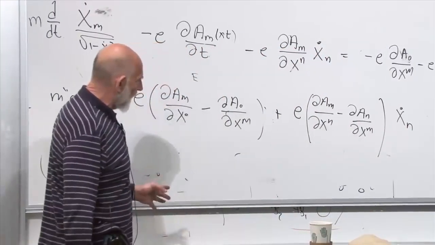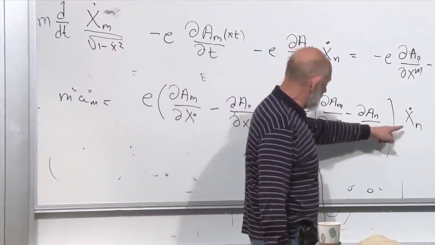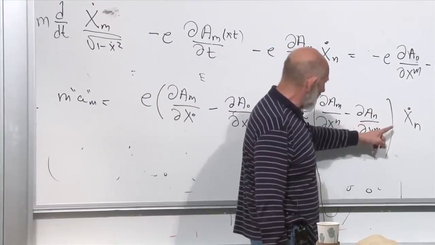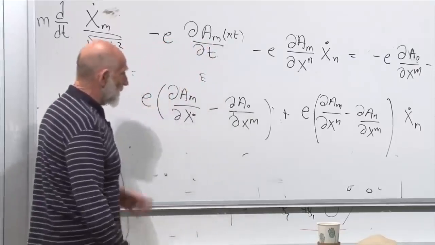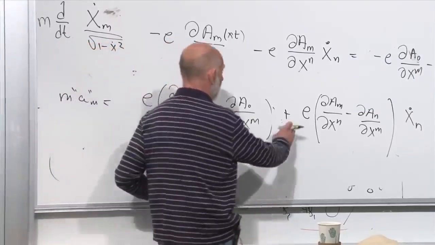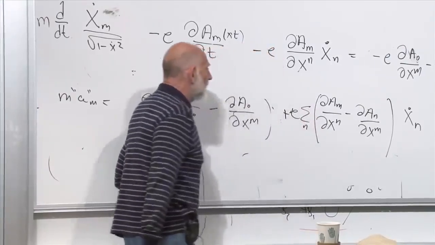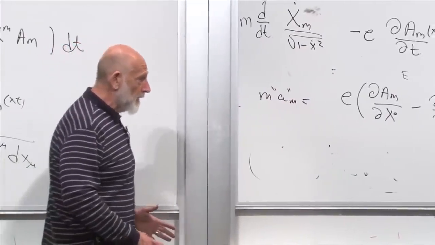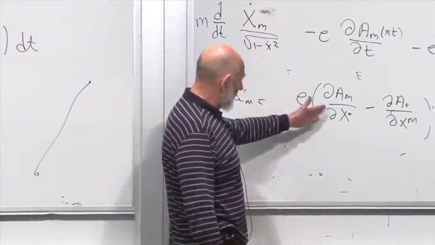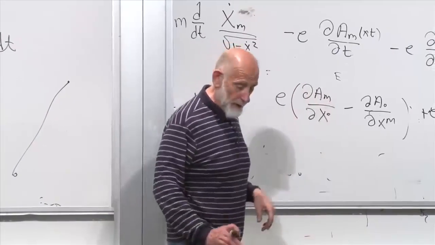There's a repeated index, xn, d by dxn times xn dot, and dan times xn dot. N is the summation index, so literally this is sum over n, if we wanted to put the summation sign. But the rule is repeated indices get summed over. Non-repeated indices are explicit, and they're on both the left-hand side and the right-hand side.